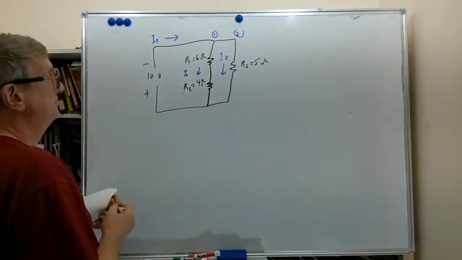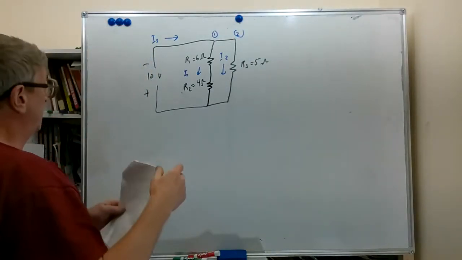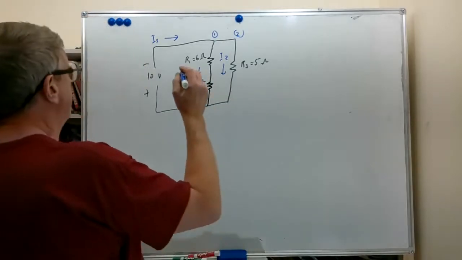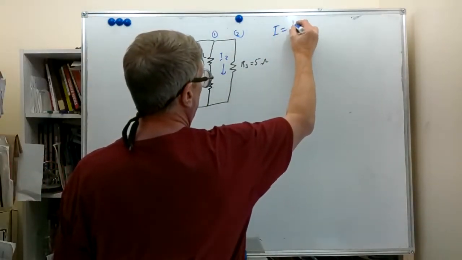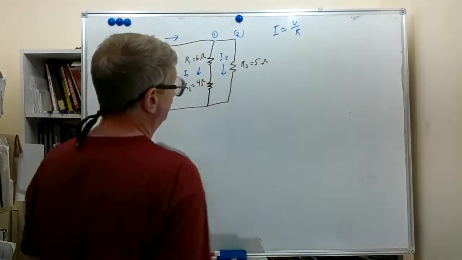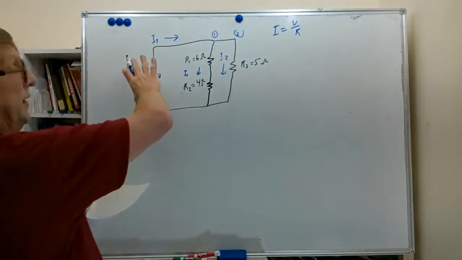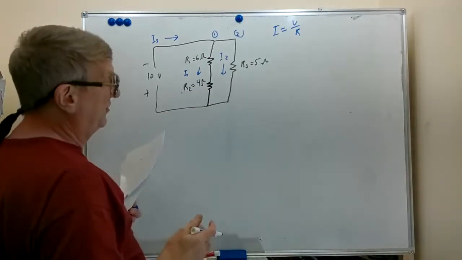So the current through branch 1, we're going to use, we've used this many times, current equals voltage divided by resistance. We have 10 volts applied to both branches.